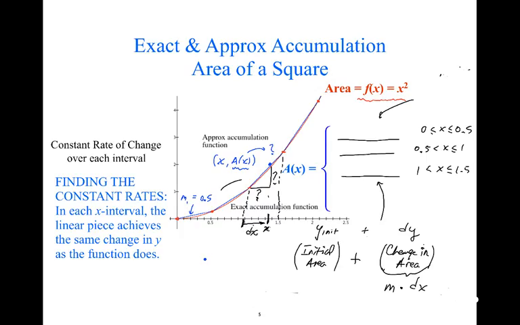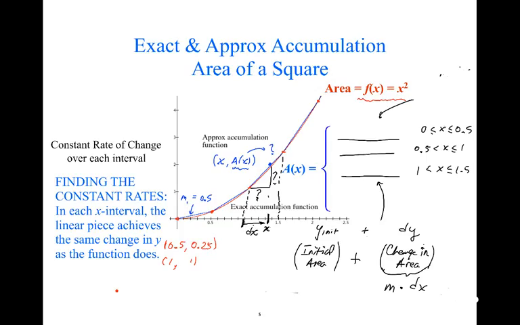Next interval. So let's actually do the one from the next interval. What is this correspondence point right here? That's the point 0.5 and 0.25. Right? X and corresponding area. And then this one up here? 1 and 1. So we want the constant rate of change, right? That gets the same change in area, same y change, for this particular moment.